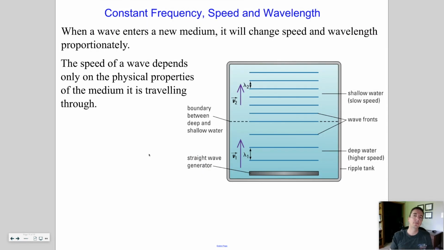Okay, constant frequency, speed, and wavelength. When a wave enters a new medium, it will change speed and wavelength proportionately. So, for example, like I'm sitting in my den right now, and if one of my kids happens to be standing in the hallway, they could probably hear me talking in the den.